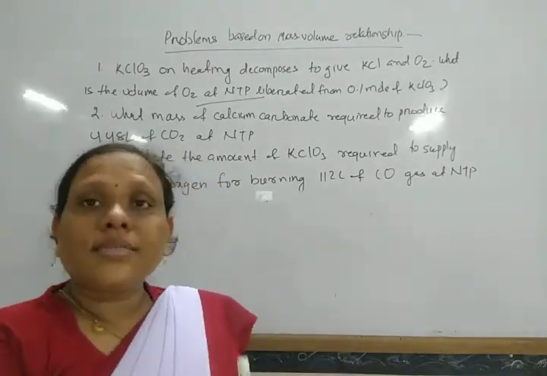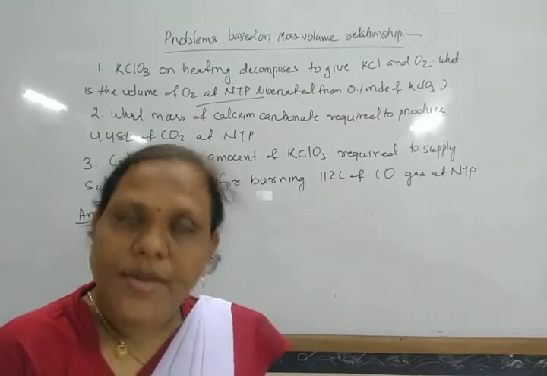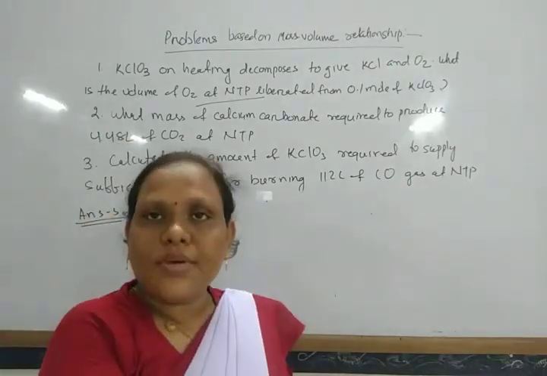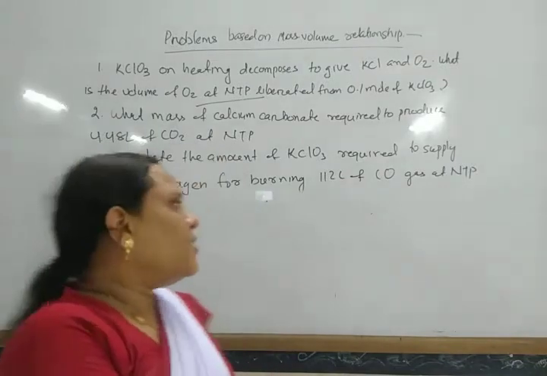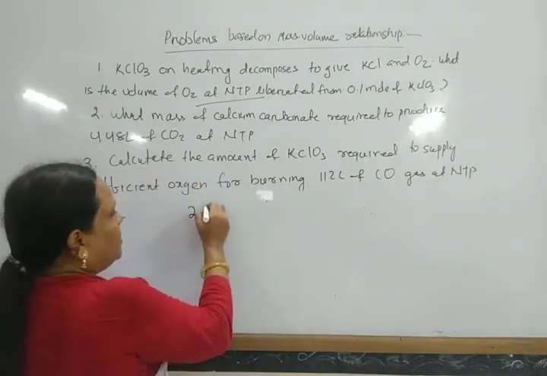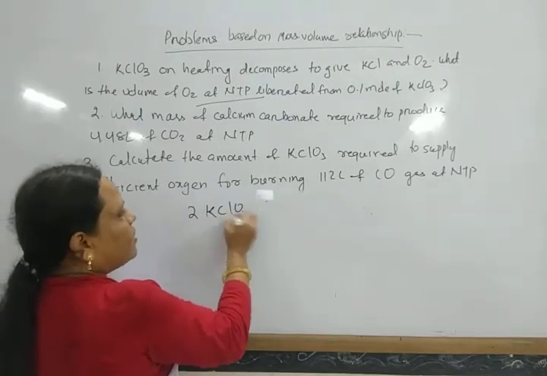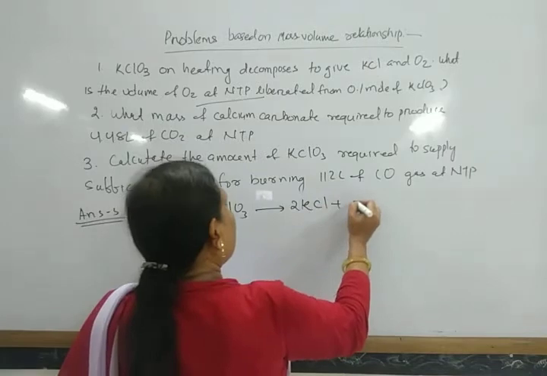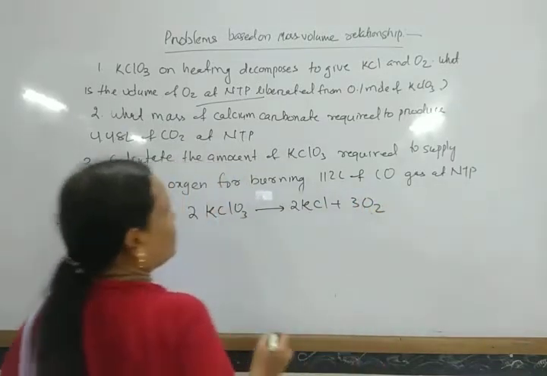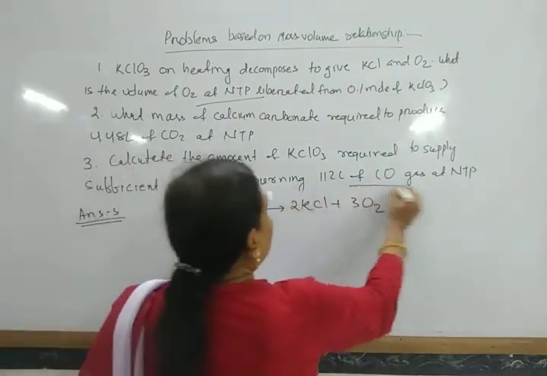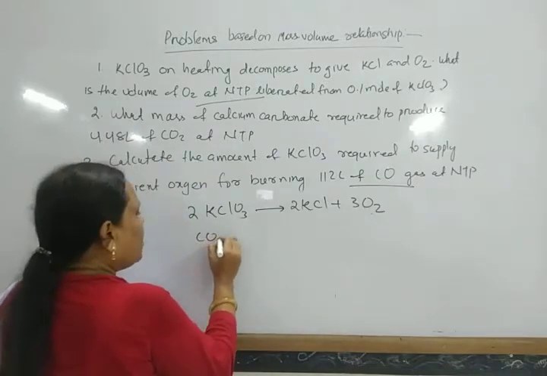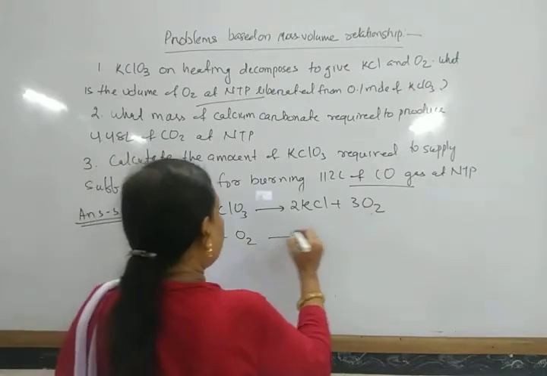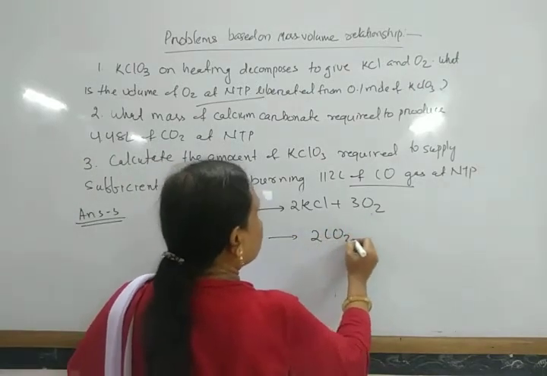So first find out the amount of oxygen required, then find out how much potassium chlorate gives that much oxygen. So the first equation is 2KClO3 give rise to 2KCl plus 3O2. Then burning of carbon monoxide: 2CO plus O2 give rise to 2CO2.